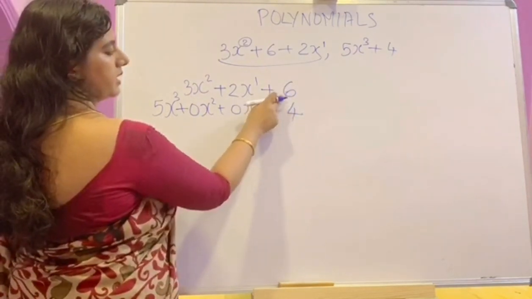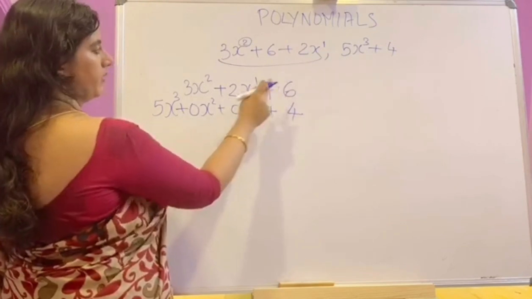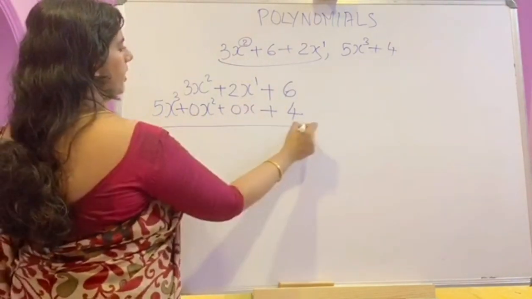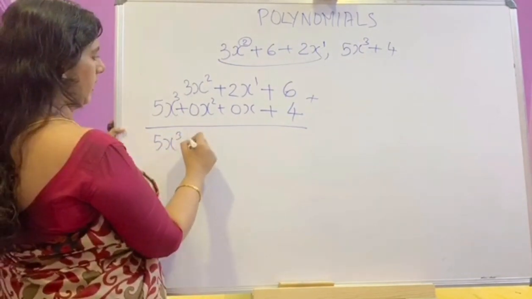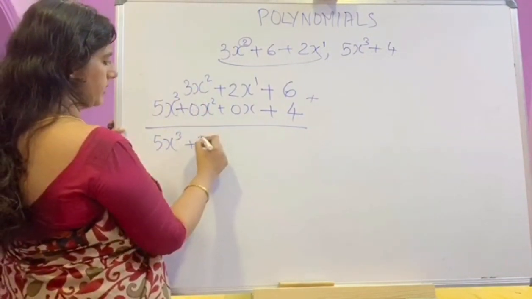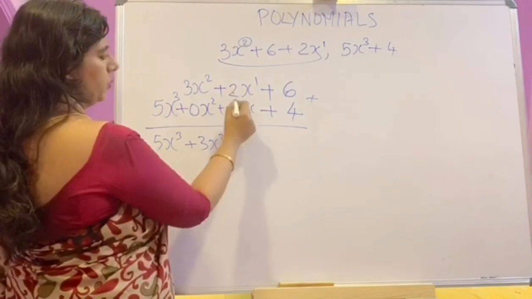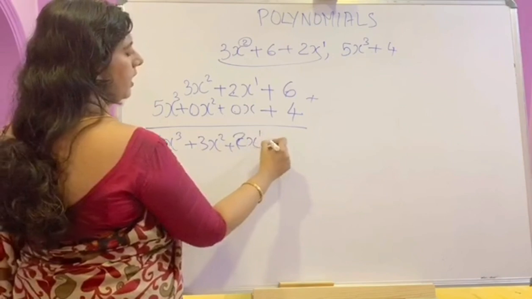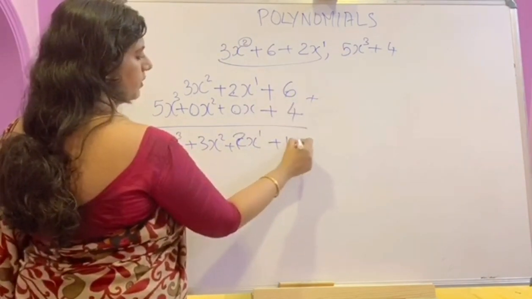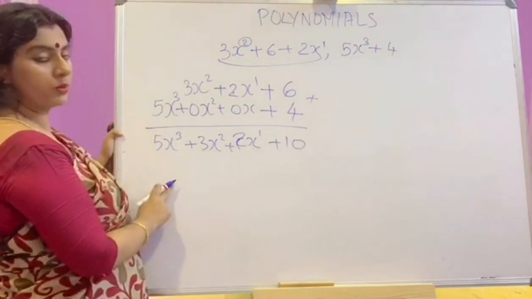The constant is written under the constant of the previous polynomial. Now you can add: 5x cube, plus 3 plus 0, that is 3x square, 2 plus 0, 2x, raised to 1, plus 6 plus 4, 10. This is how we do the addition.